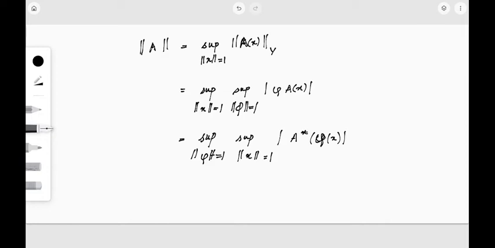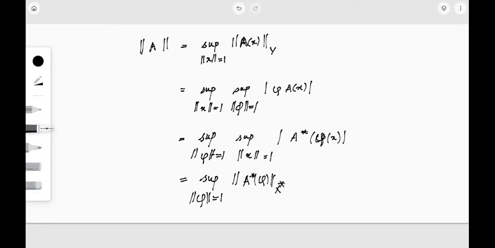And so we can write this as supremum over norm x is 1, right? So I can replace this by supremum over norm phi equal to 1 of norm of A star phi corresponding to x star, right?